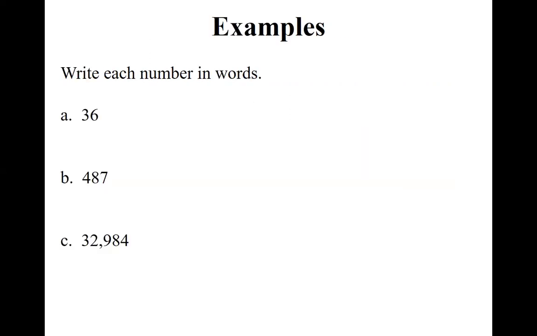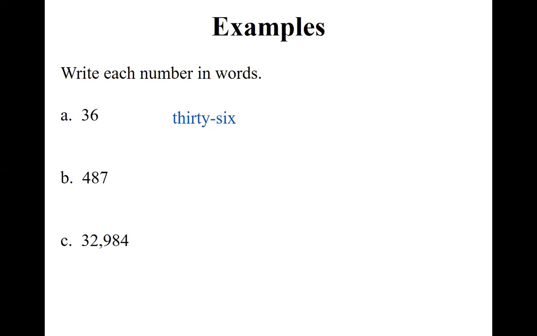Let's take each of these standard form numbers in A, B, and C and write them in words. In other words, we're also going to practice saying them. A is the number 36.